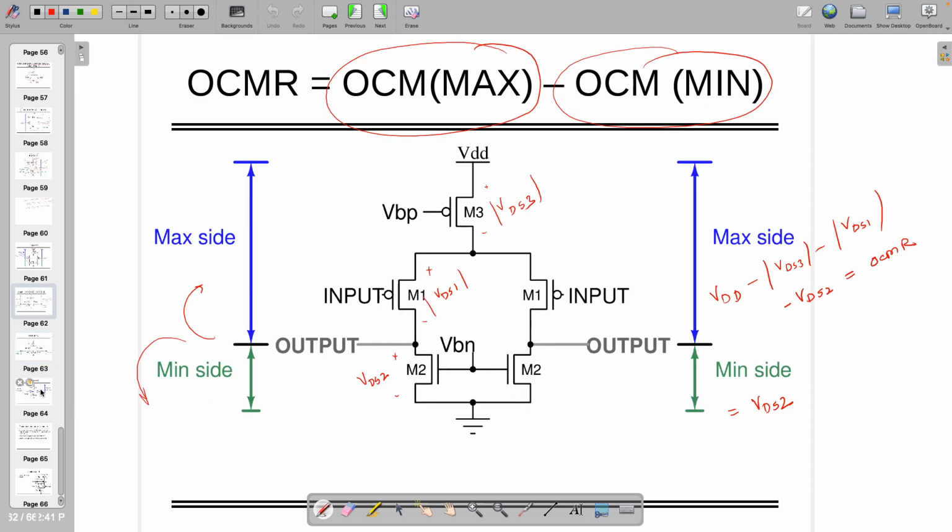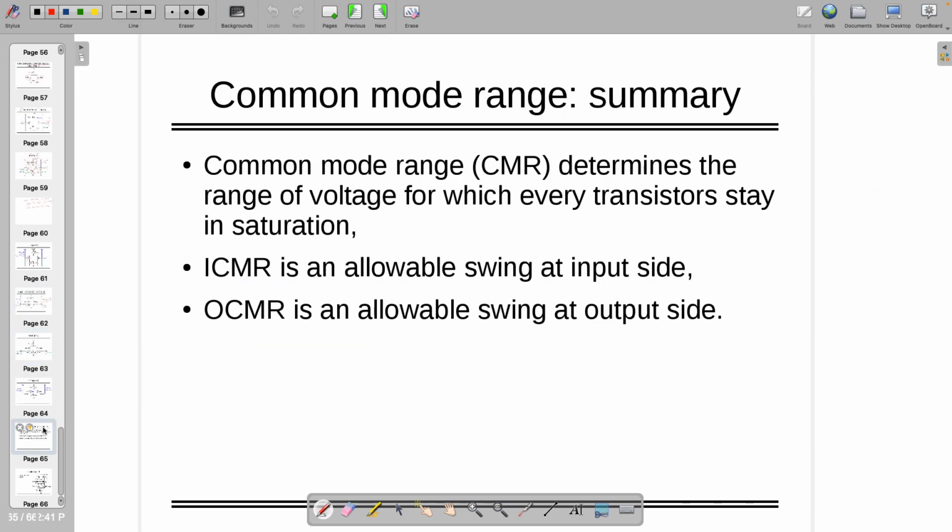That's not difficult. Common mode range is the one which determines the range of voltage for which every transistor stays in saturation. By the way, we are assuming every transistor is in saturation irrespective of what VDD you are giving. If it is a very poor VDD, it's a variable, so it can damage your range, right?